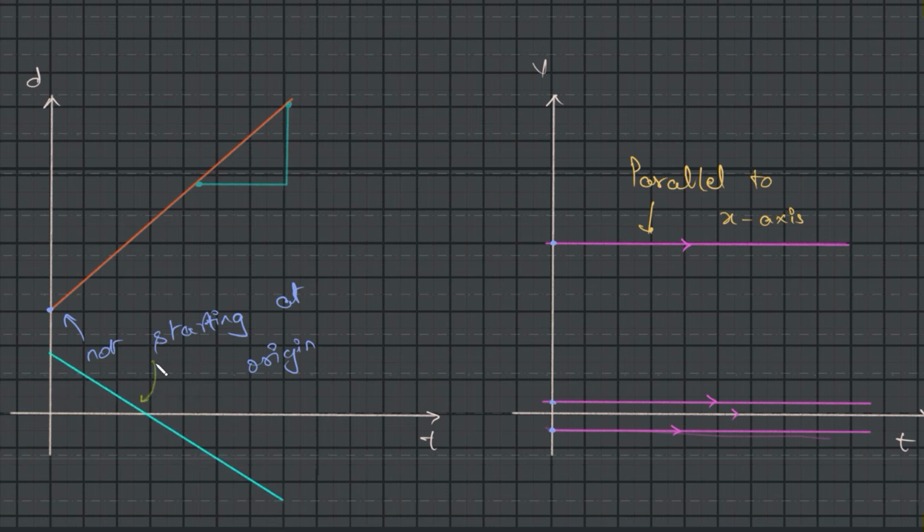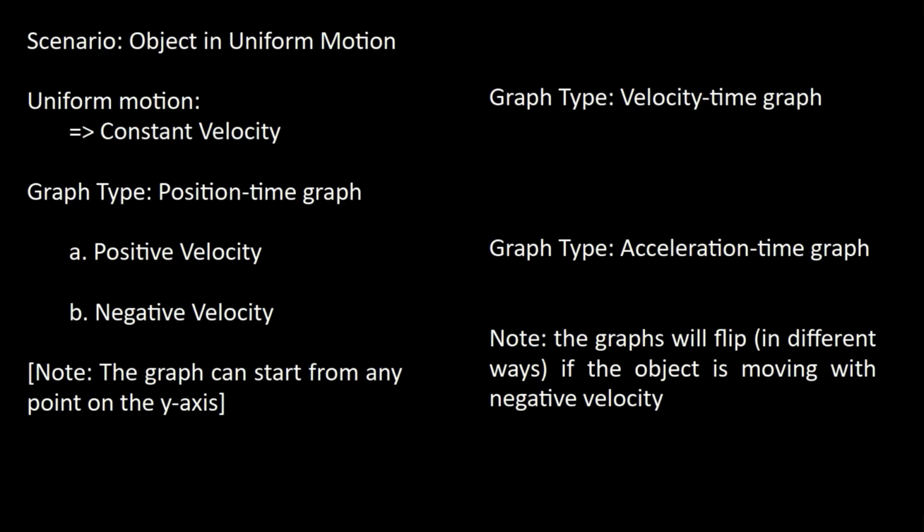This too is an example of starting at origin, and this has a negative velocity, but it's constant. This is positive velocity, and this is negative velocity. And what else? Yeah, acceleration. The graphs will flip if the object is moving with negative velocity. Okay.